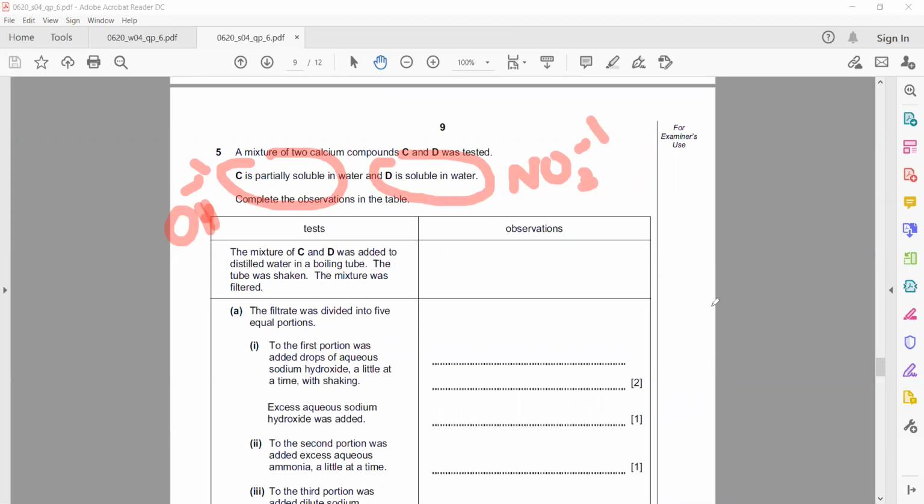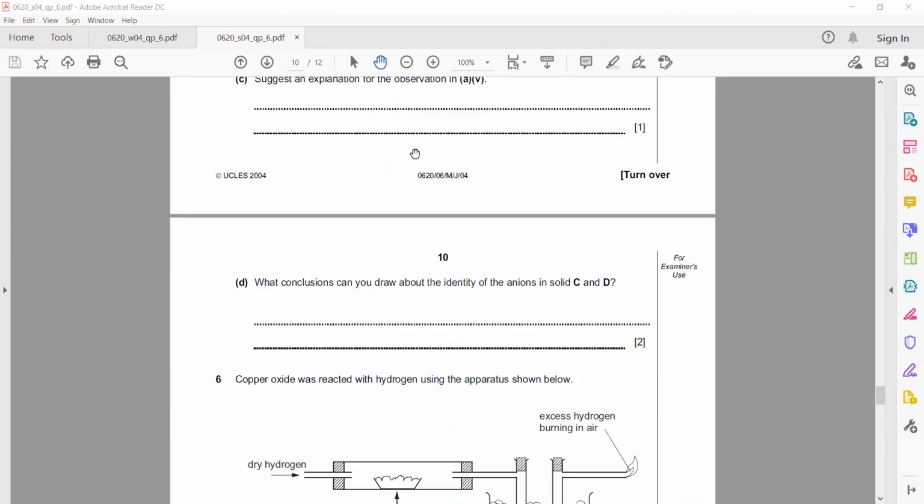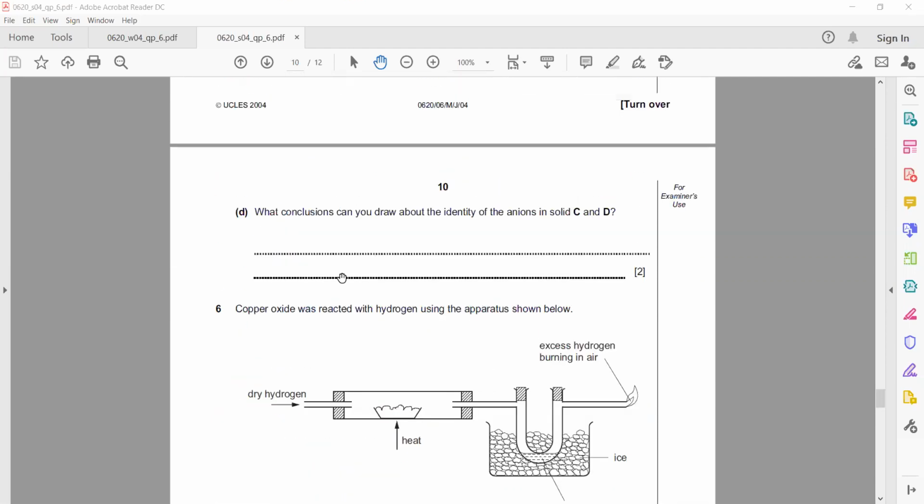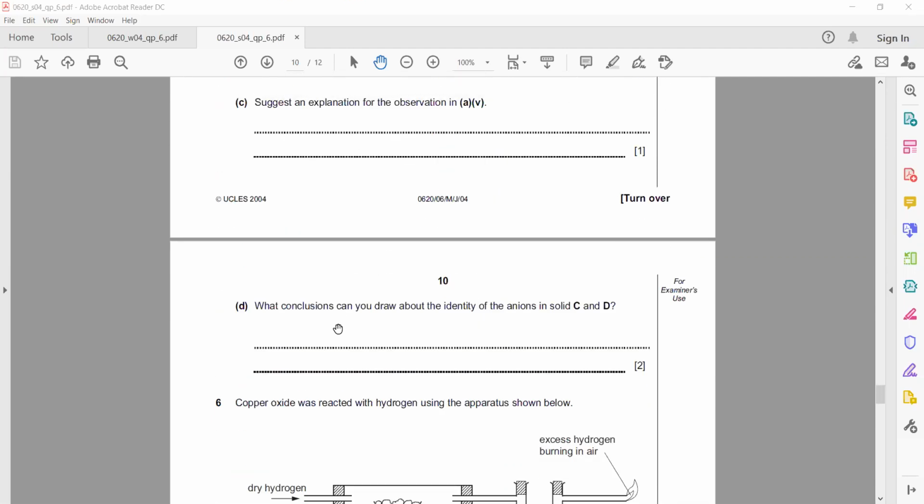So we can mention that C contains OH ion, or hydroxide ion, and D contains nitrate ion.